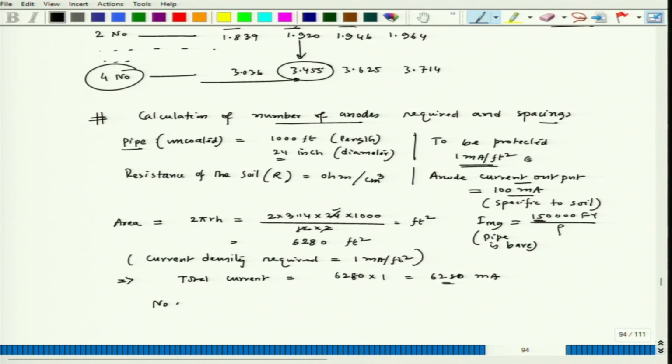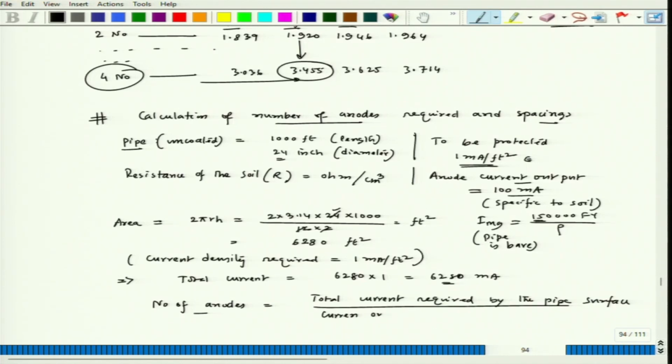So, the number of anodes, in a simplified manner, we can calculate as the total current output required by the pipe surface divided by the current output of a single anode.